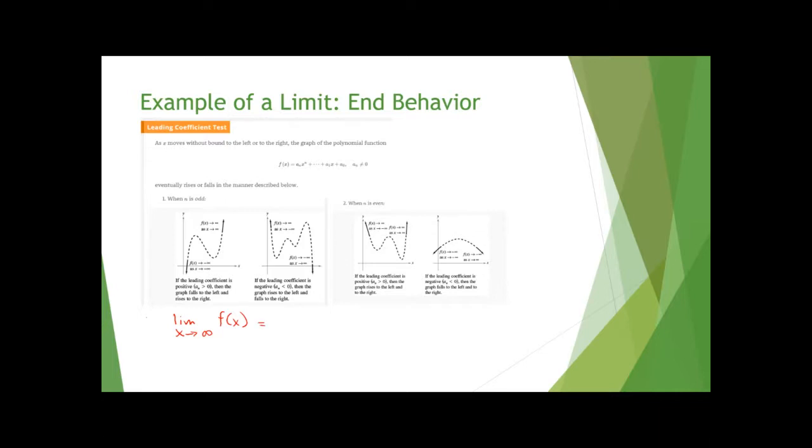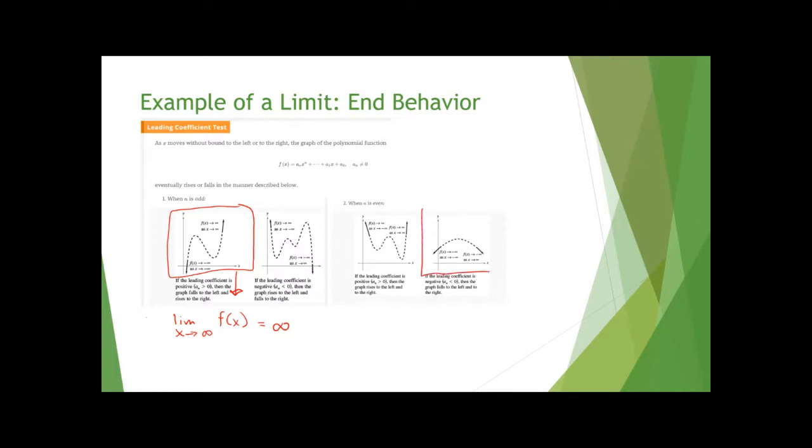If we are looking at this graph right here, as x gets larger, our y goes larger, and it goes on forever. So it goes towards infinity. You would translate that end behavior this way. You would write the limit as x goes to infinity of f of x equals infinity.